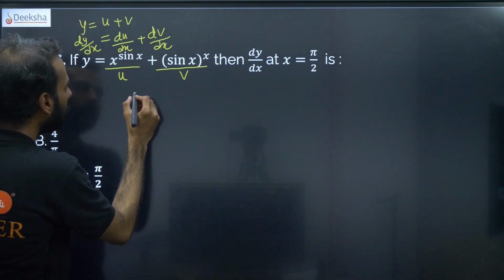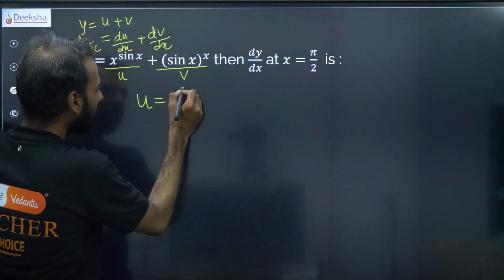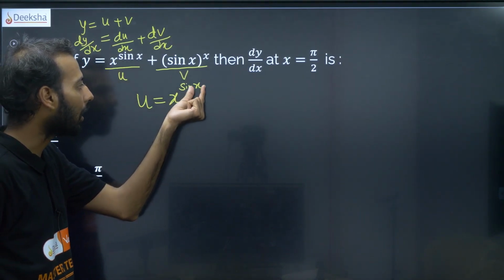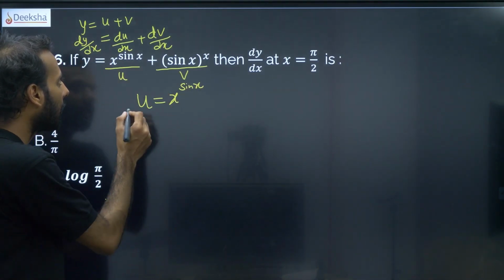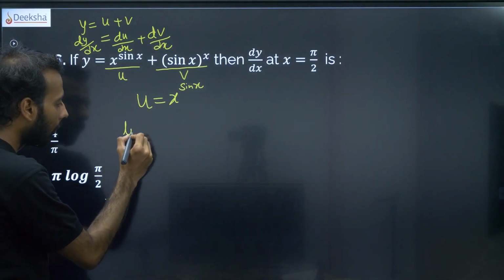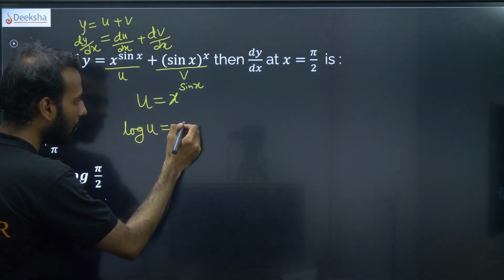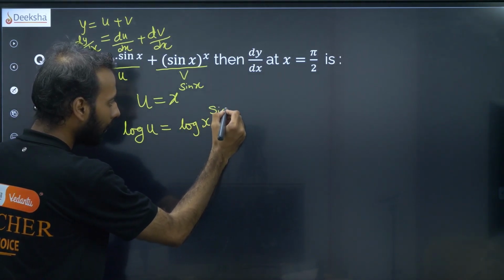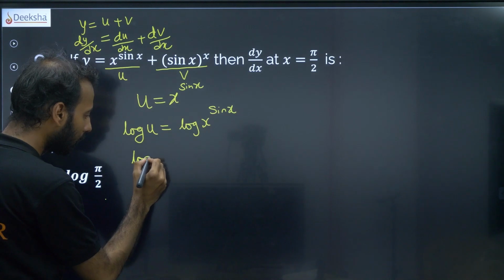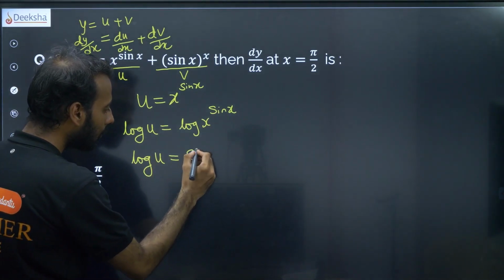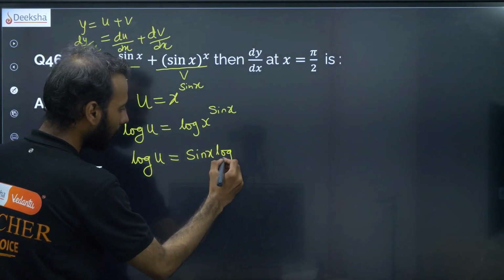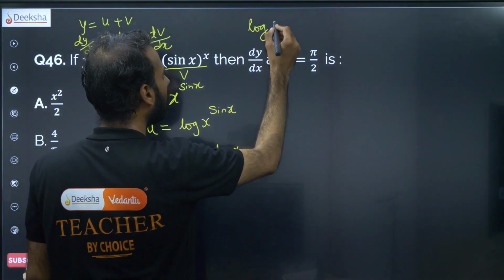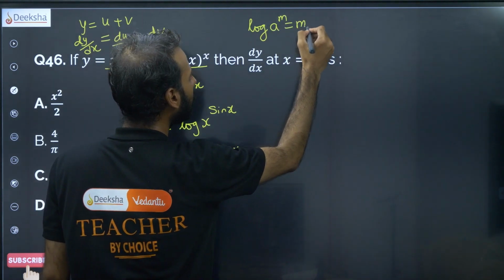So for u, which is x raised to sin x, remember one thing, whenever one function is raised to another function, go for applying log. Log u is equal to log of x raised to sin x. So log u is equal to sin x log x, because by properties of logarithm, log of a raised to m is m log a.